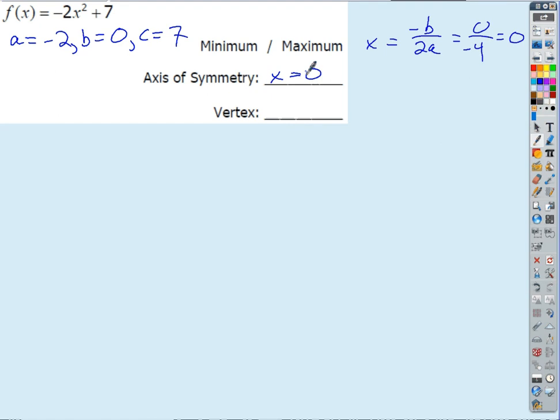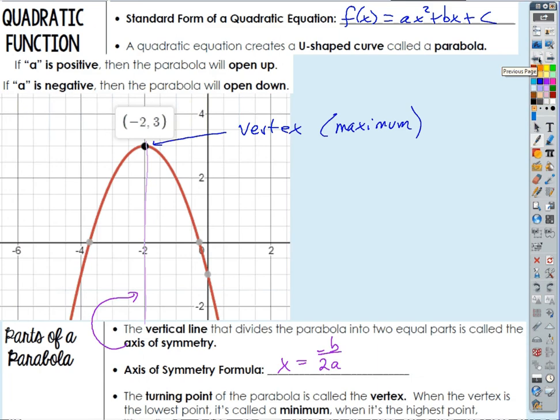What about the vertex? The vertex is always going to be on the axis of symmetry, isn't it? If you think about all these points that are created when I'm folding or reflecting the parabola over its axis of symmetry, like look here, for example. There's a point and there's a point. Those are just reflections of each other, right?